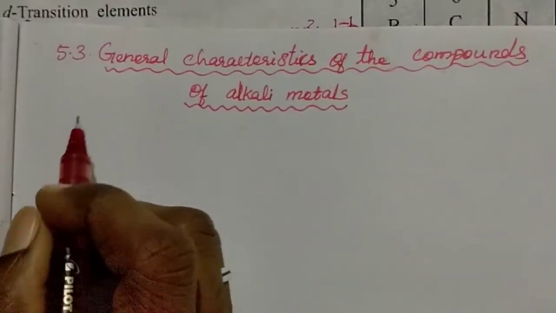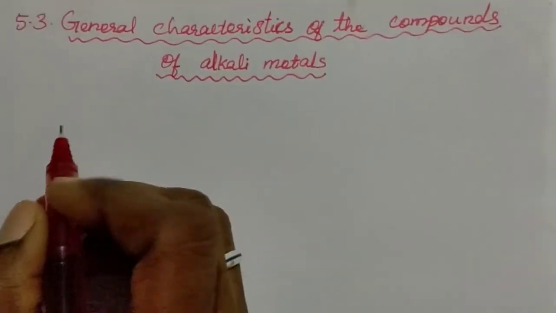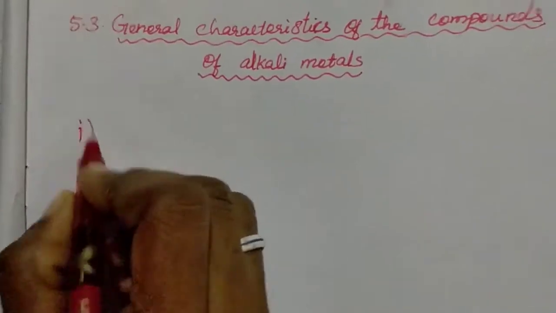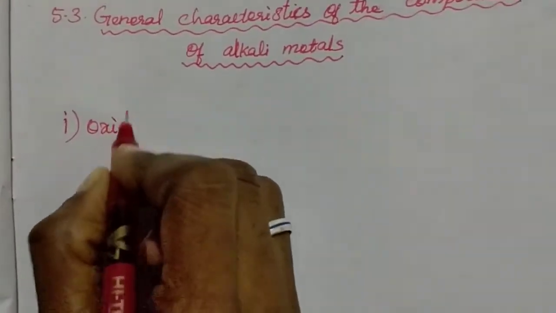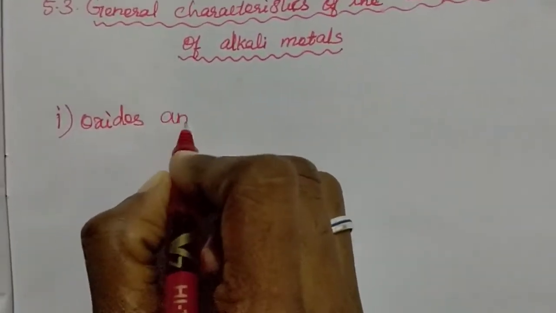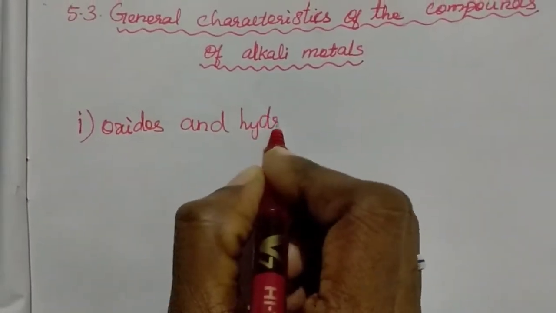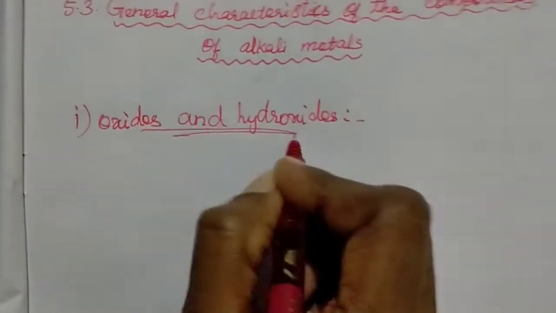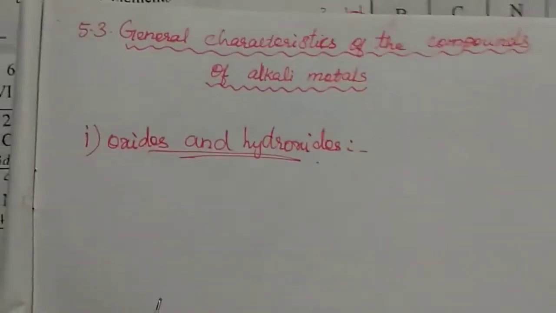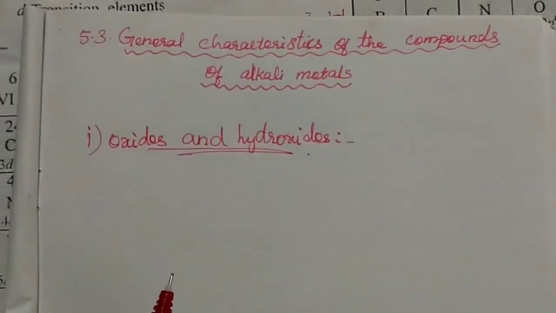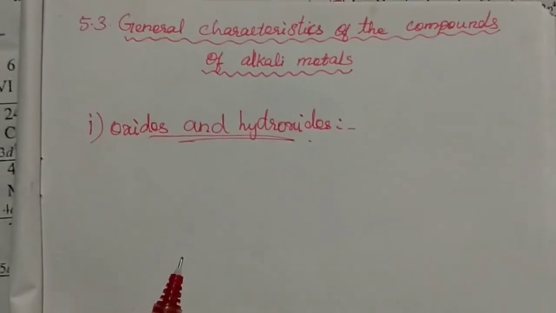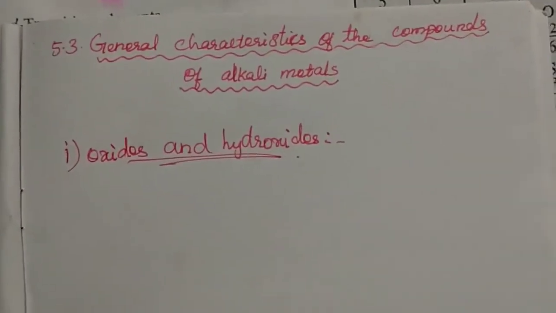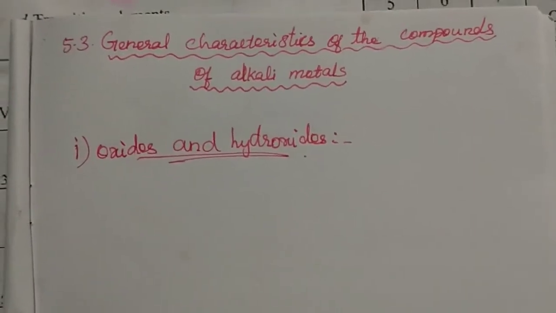First, the general characters of the compounds of alkali metals: oxides and hydroxides. How alkali metals form oxides and hydroxides? In reaction with oxygen, generally alkali metals react with oxygen.